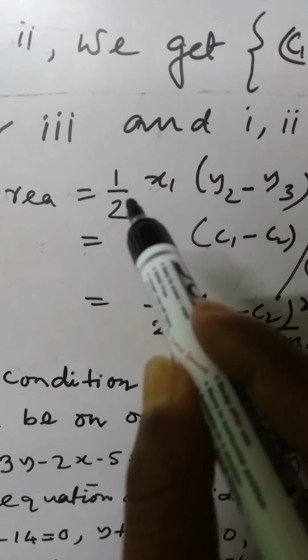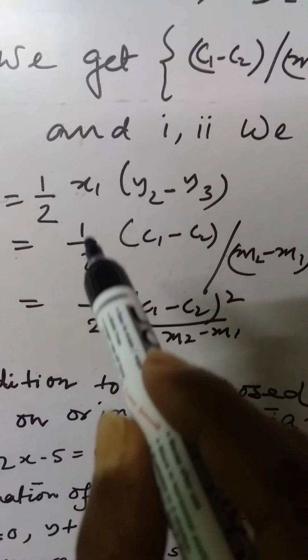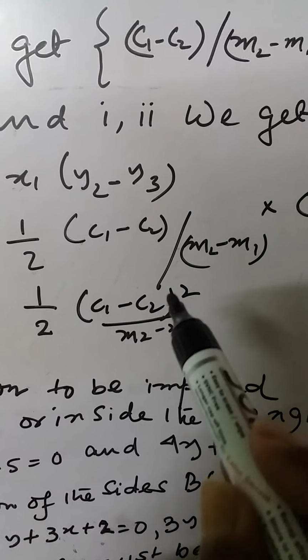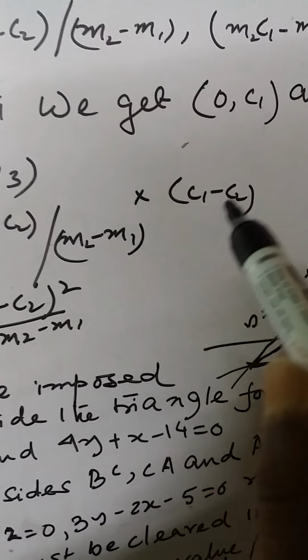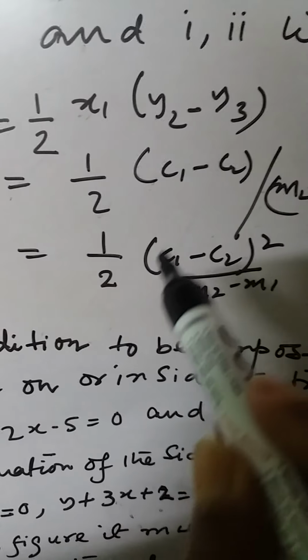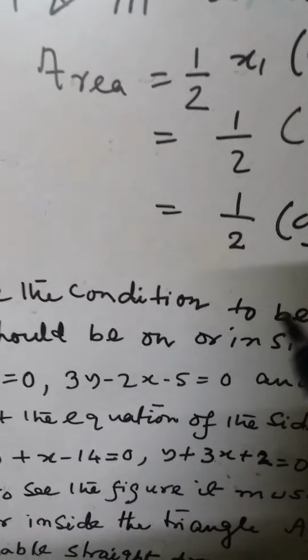So the area will be half into x1 (y2 minus y3), so half (c1 minus c2) by (m2 minus m1) into (c1 minus c2). From this we get half (c1 minus c2) whole square by (m2 minus m1). Number 2.